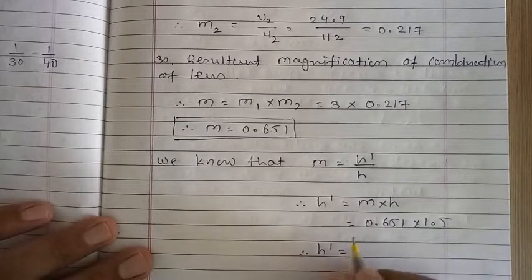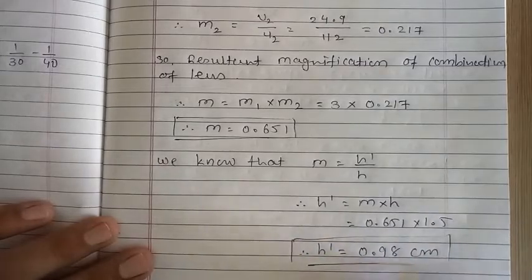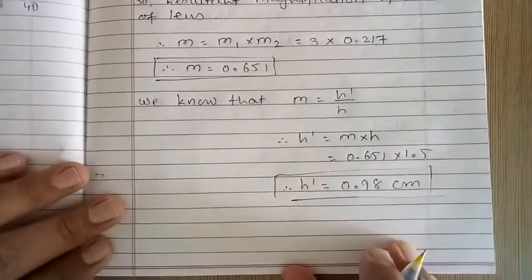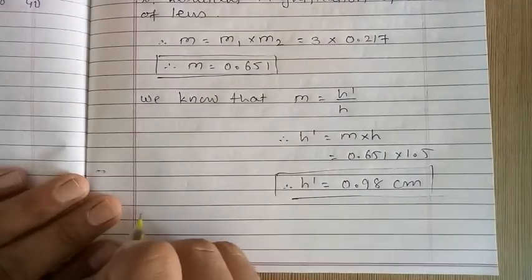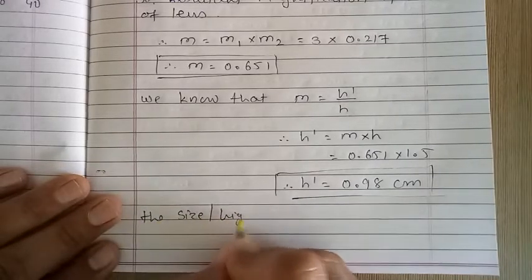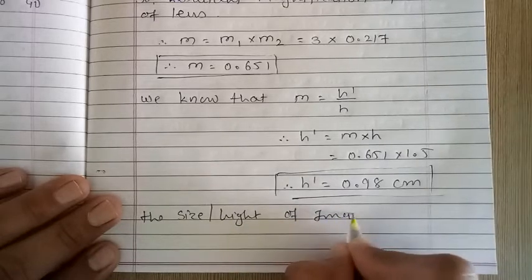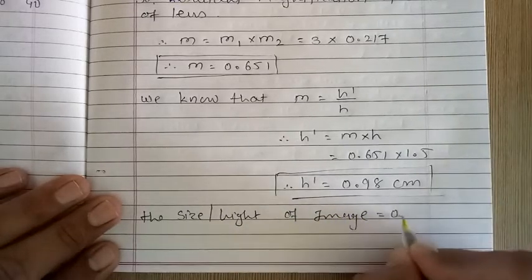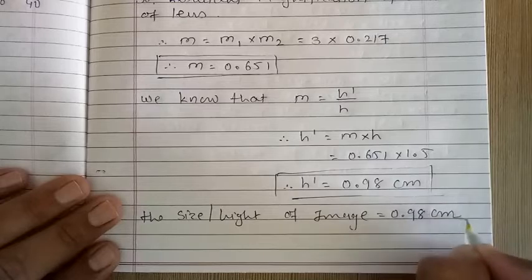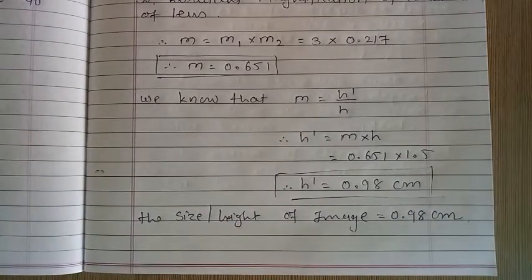So we get h dash is equal to 0.98 centimeter. So we can say that the height or size of the image is equal to 0.98 centimeter, right? Okay, so friends, thank you.